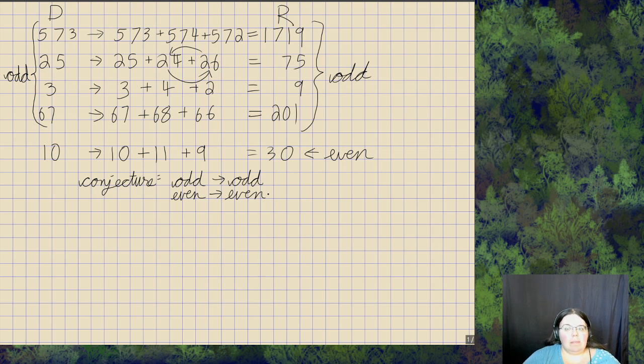Now I noticed something else though particular about these numbers in our range. I noticed 30 is a multiple of 3 and 9 is a multiple of 3. I also noticed 75 is a multiple of 3. If that one didn't pop into your head, think about how many cents in 3/4 of a dollar.